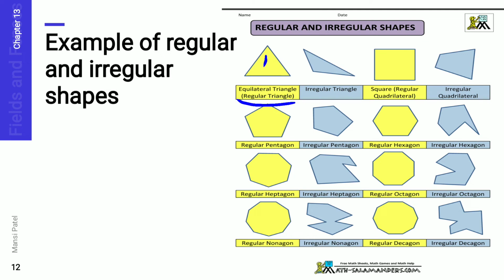What is another name for this regular triangle? That is the equilateral triangle. Whereas in this image, it has three sides, yes, but you can see that all the sides have different measurements. So it is known as an irregular triangle.